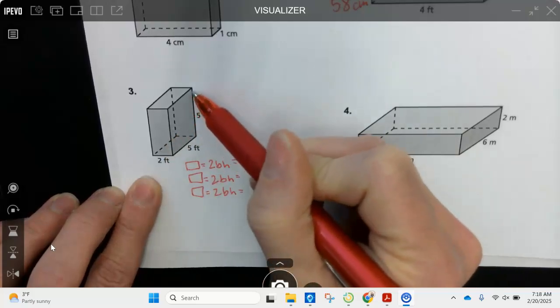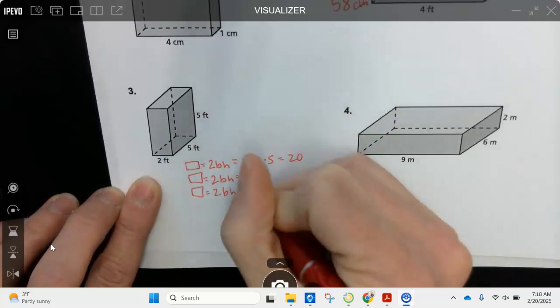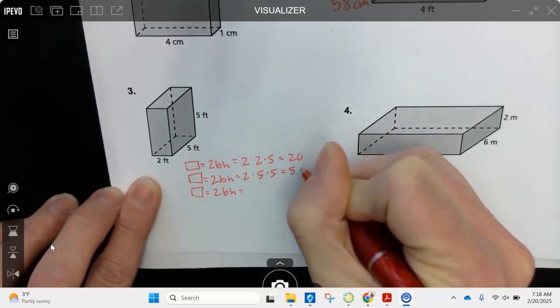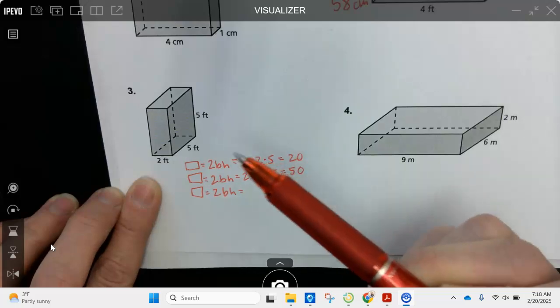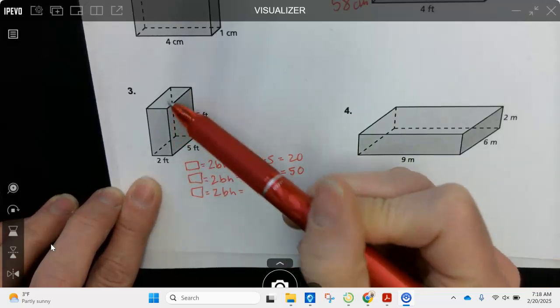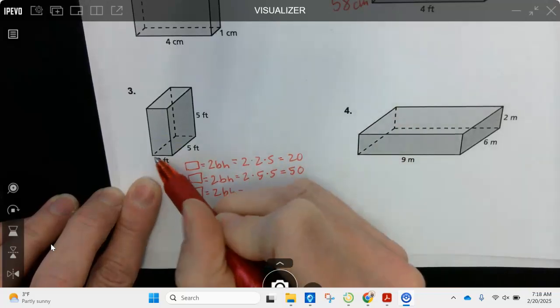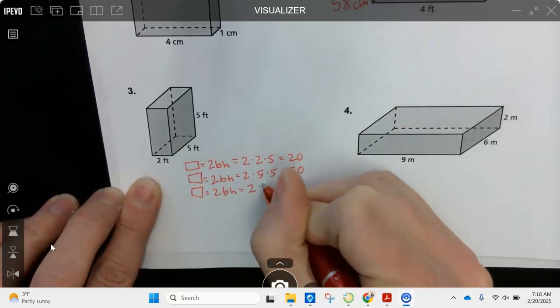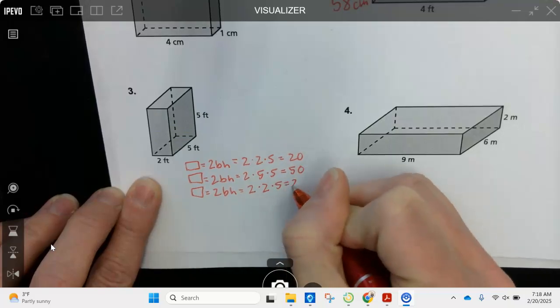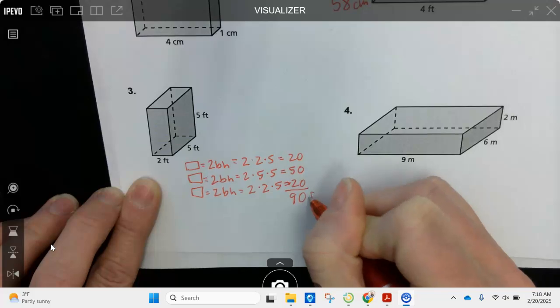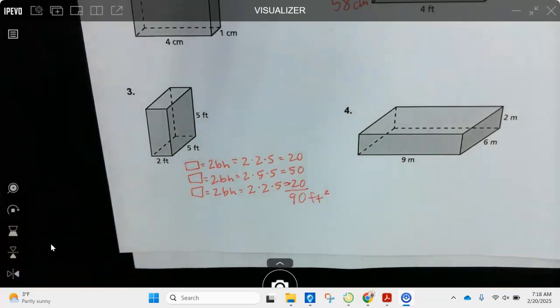The sides are these big squares here, so 2 times 5 times 5, which gives us 50. And it just so happens that our top and our bottom are the same as our front and our back, because the bottom is 2 by 5 as well, so 2 times 2 times 5 is another 20. If we add those up, we get a total of 90 feet squared.